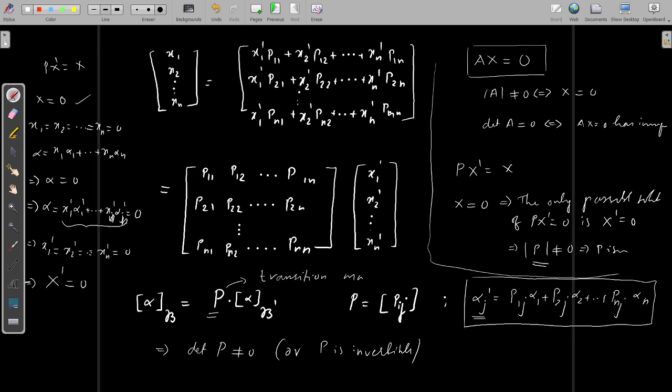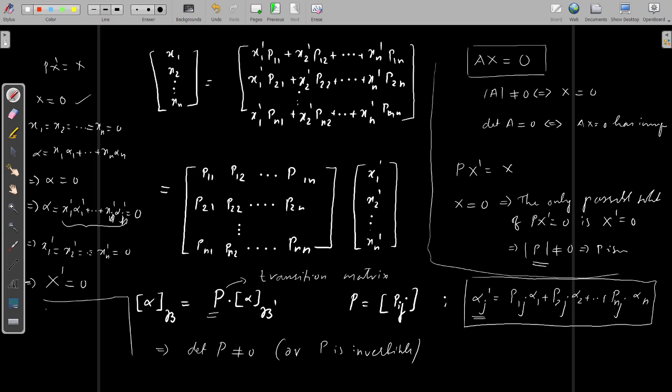Transition, because this translates the coordinates of alpha corresponding to one basis to another basis. Okay, this is the idea here. As a consequence of this result, you can multiply both sides with the inverse of P, since P is invertible.